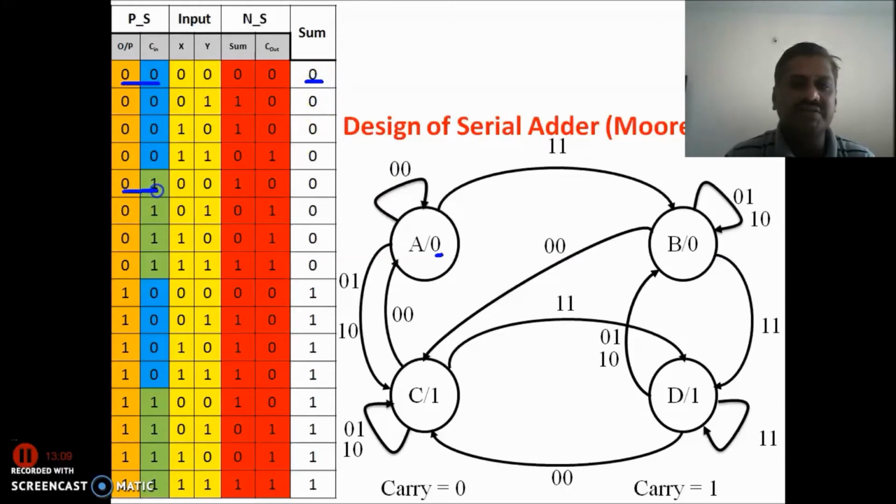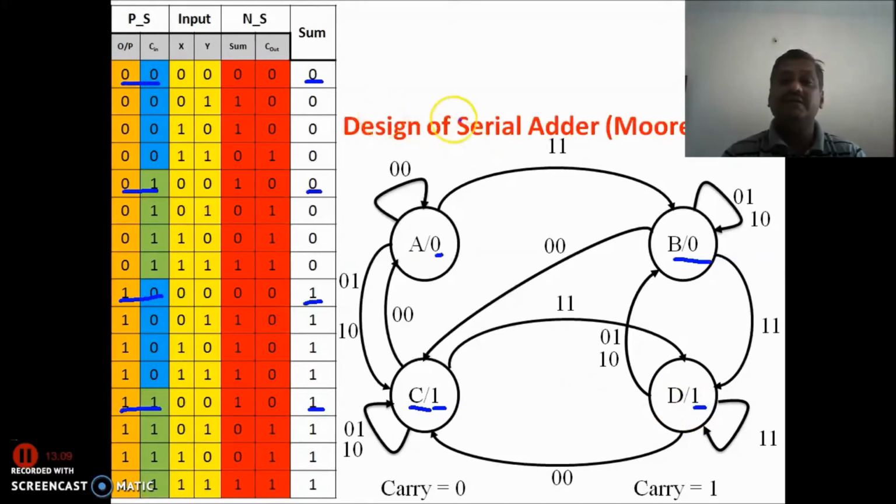Whenever the present state is 1, that is B, its output will be again 0. Whenever present state is C, its output will be 1. And whenever the present state is D, its output is again 1.